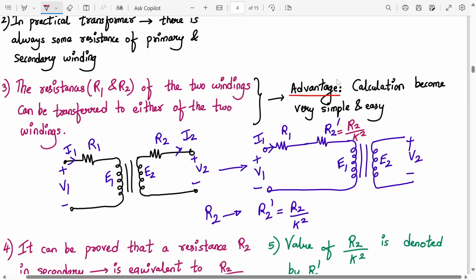So please draw this diagram, which I am tick marking, here and this. You don't have the derivation for it, but it can be proved that resistance R2 in the secondary is equivalent to R2 upon K square in the primary.